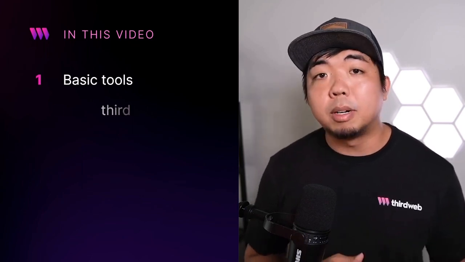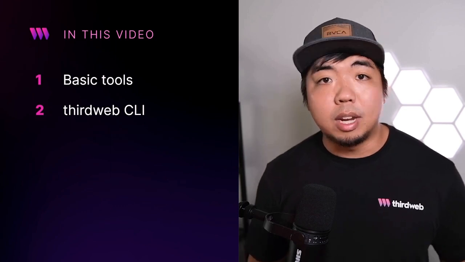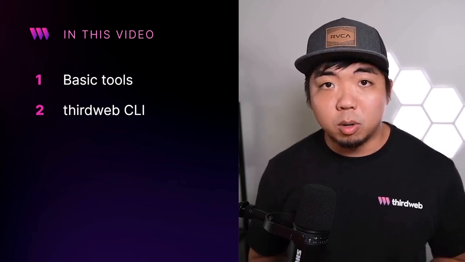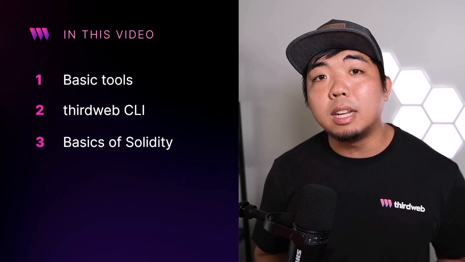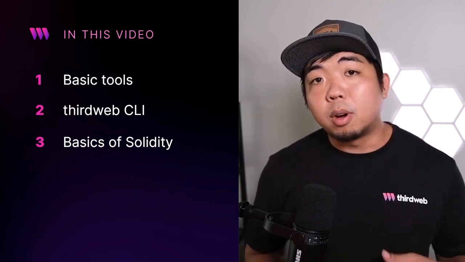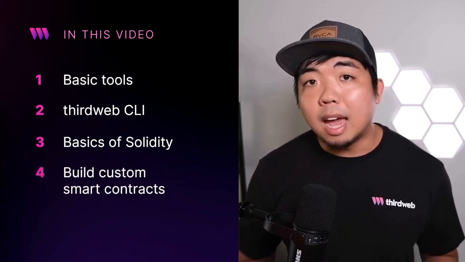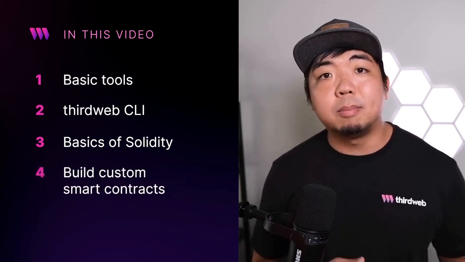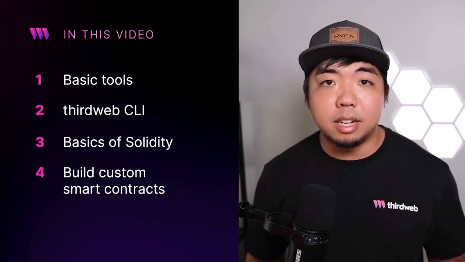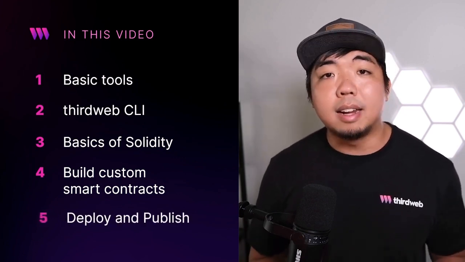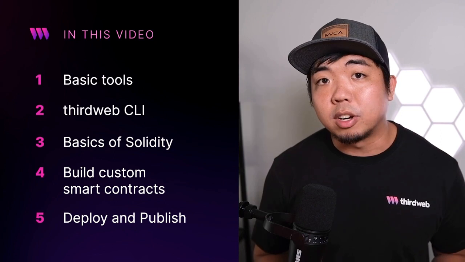We'll then learn a little bit about Third Web's CLI, and we'll actually use our CLI to start creating our very own smart contracts. We're then going to learn the basics of Solidity, which is the programming language used to create smart contracts. And we're going to walk through and build a handful of our very own smart contracts. And with each project, we'll learn a little bit more about Solidity, understanding the fundamentals of it, and then finally deploying those smart contracts ourselves.